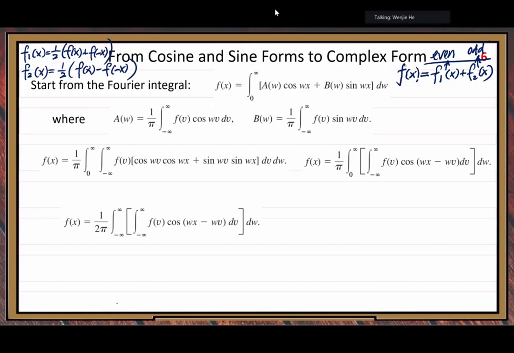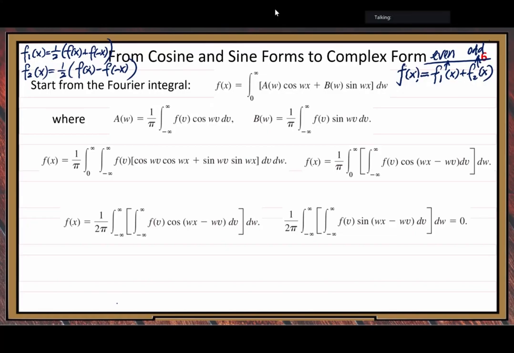So that's the cosine component. Then we also need to look at the sine component. For the sine component, we just replace the cosine function by the sine function, and we can write the result as 0 immediately. Why? Because the sine function is an odd function.